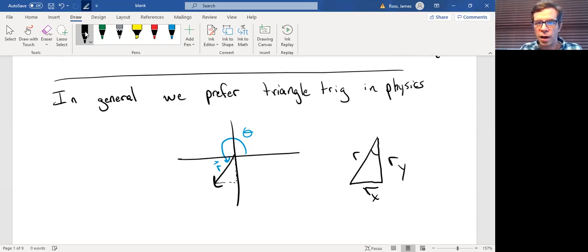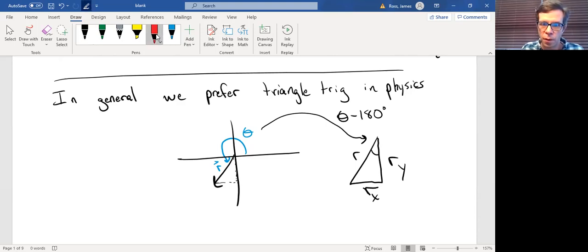And if this is theta here, we're going to take theta minus 180 to give us our angle. Why did we do that? Because we have 180 degrees of rotation here that we're taking out.